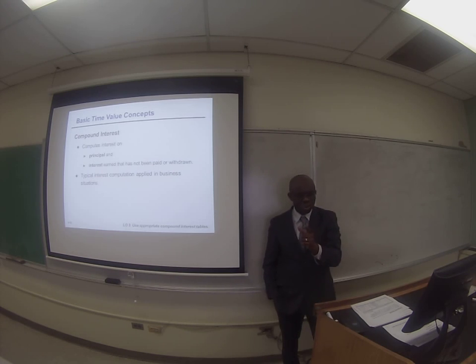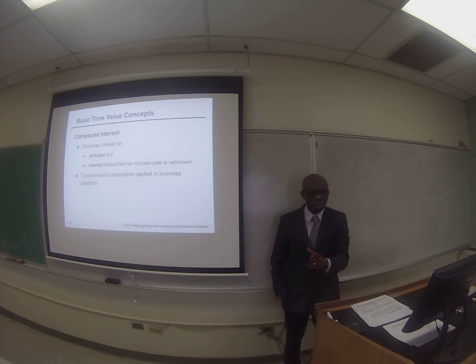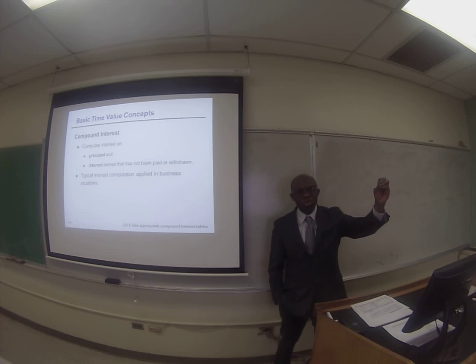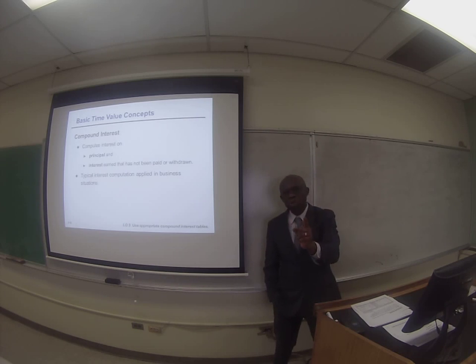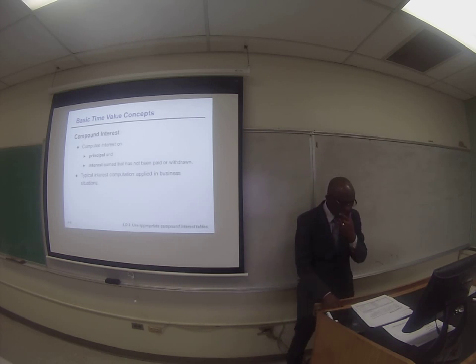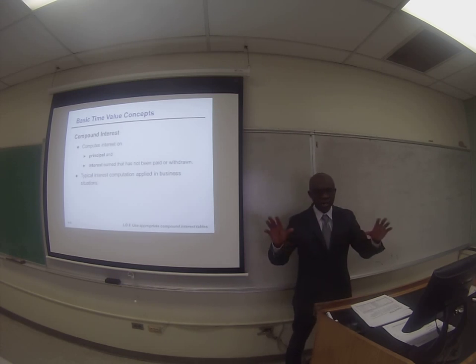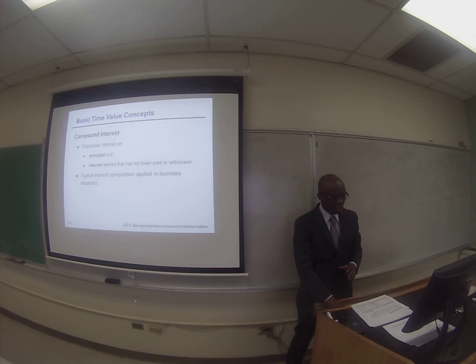So that is what we mean by compound interest. In other words, the interest that you earn in one period is going to be added to the principal in calculating subsequent periods' interest. Now, this is very typical in various business situations.